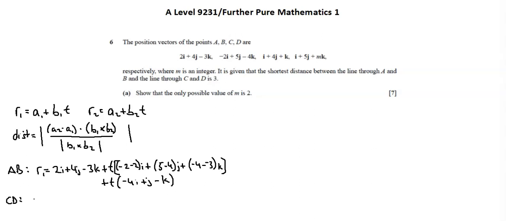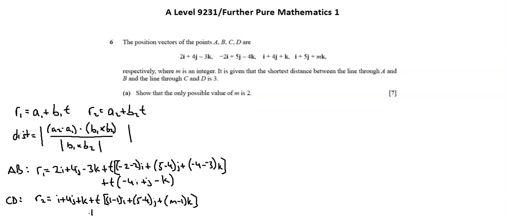Relating to points C and D, we'll call this equation r2. Starting at C, i plus 4j plus k, and our direction vector plus t times first the i values, d minus c, 1 minus 1, i, plus 5 minus 4, j, and the k values, m minus 1, k.